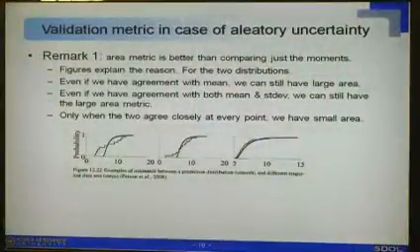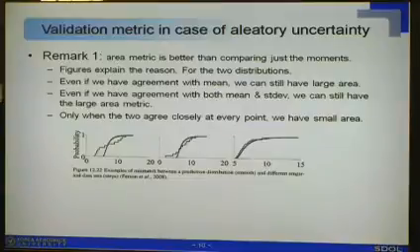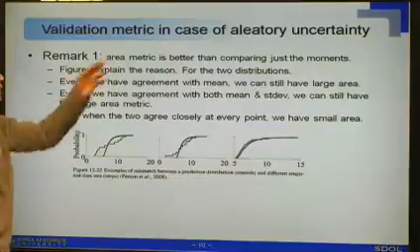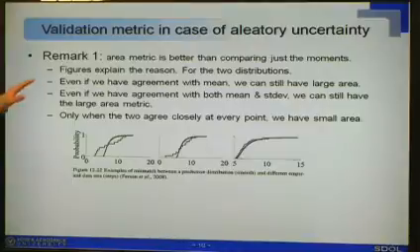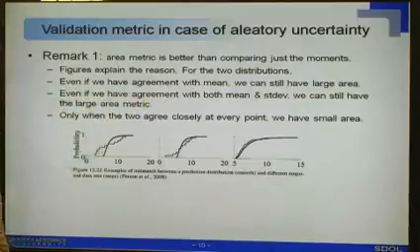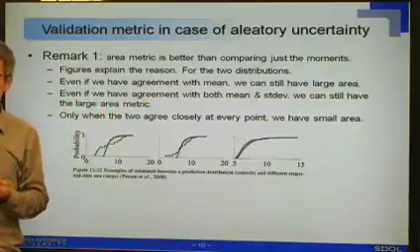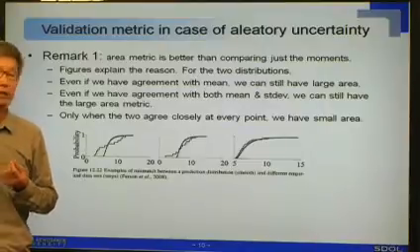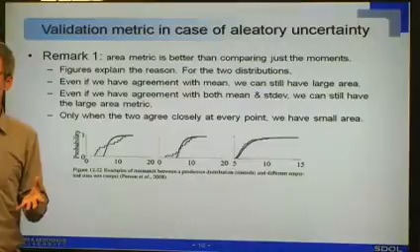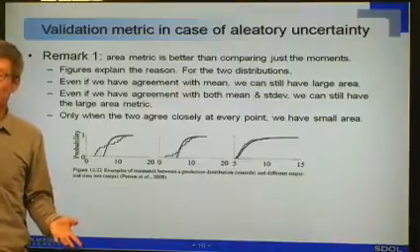The first remark from the textbook: the area metric that he introduced is obviously better than comparing just the moments. I agree, because the figures explain the reason. Even if we have agreement in both mean and standard deviation, we can have a different situation: one with closer agreement, the other with less close agreement.